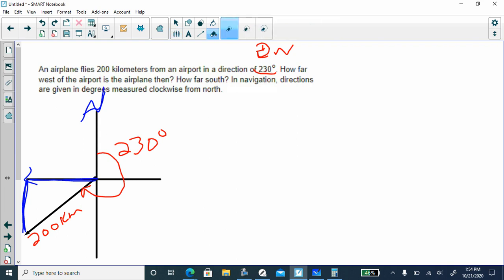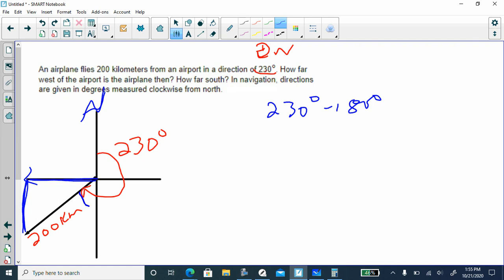If we imagine taking this part away, from north to south is 180. If we take 180 away from 230, we're left with this part. That would give us an angle here of 50 degrees. The angle inside our triangle here is the complement of that, so that would be 40 degrees.